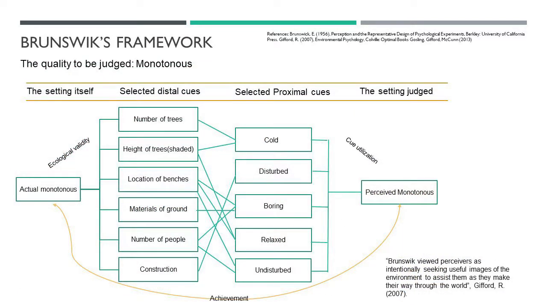Through Brunswick's framework, with the selection of objective clues of the site to evaluate the quality of the site, it can be found that the placement of objects and the roads are single, and the person's interaction is relatively low.